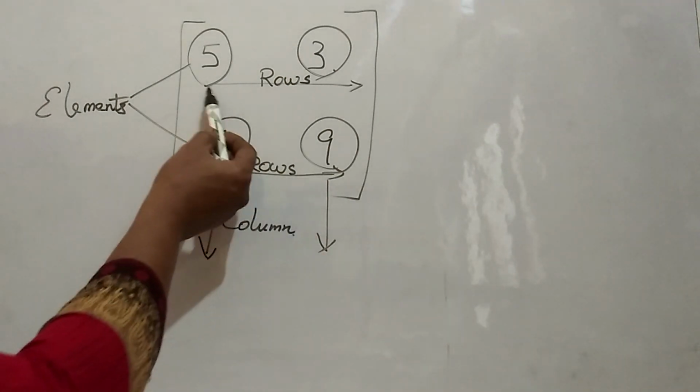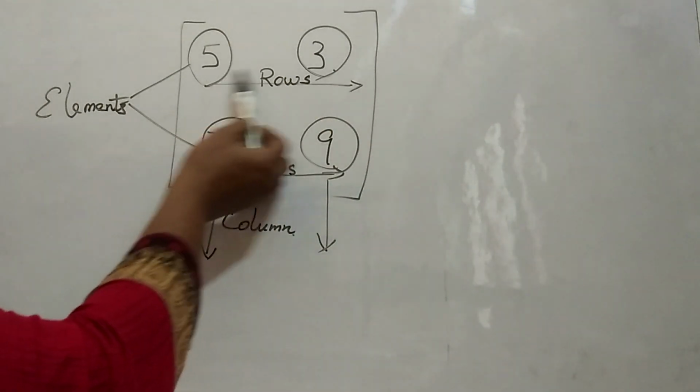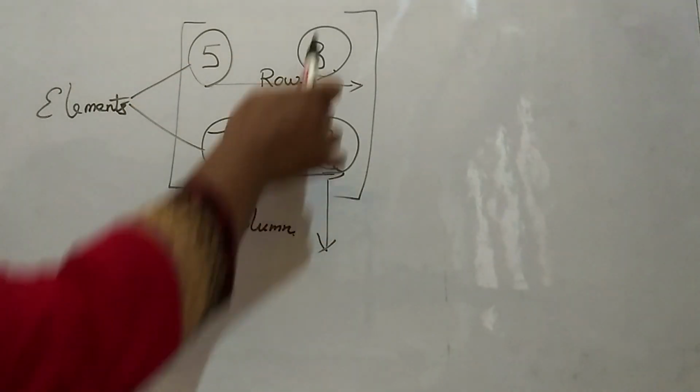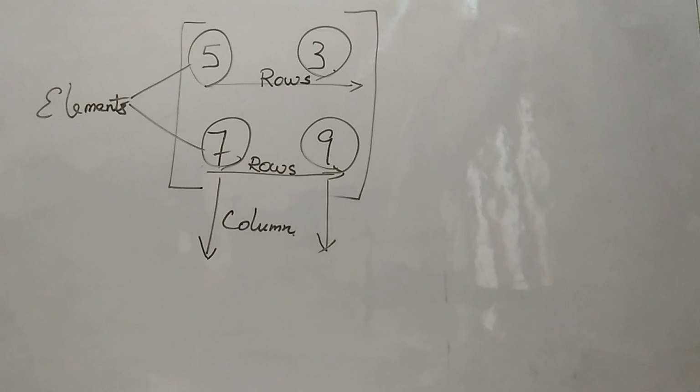The horizontal lines are called rows and the vertical lines are called columns.